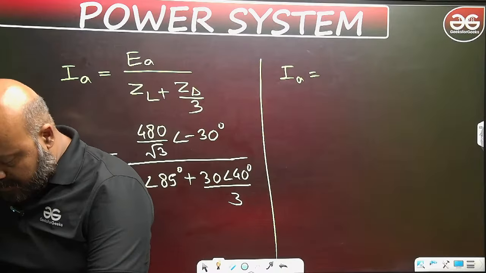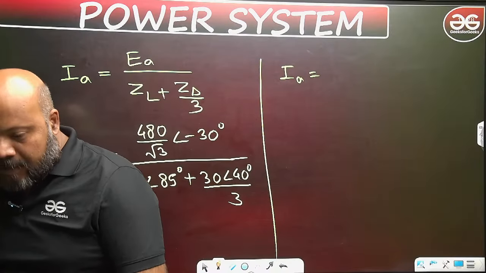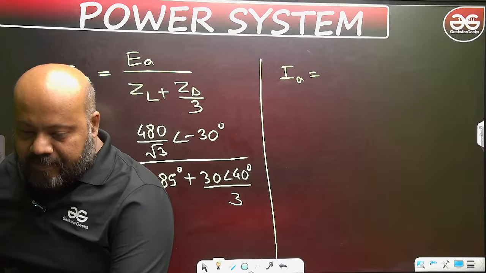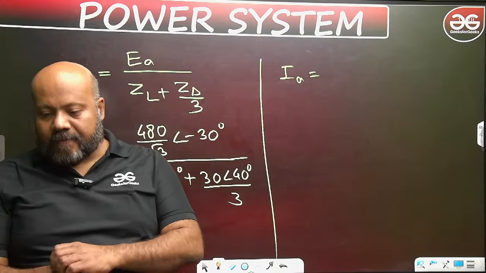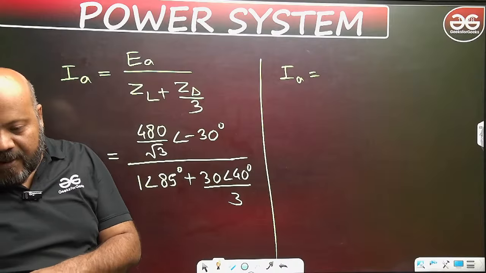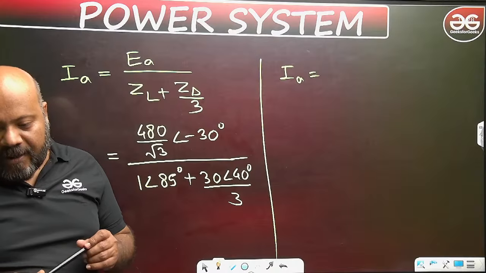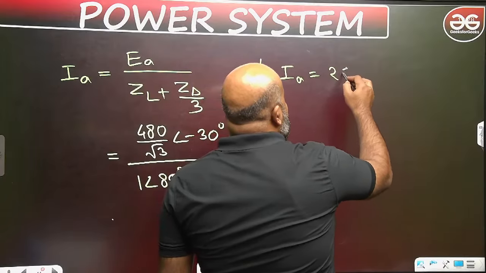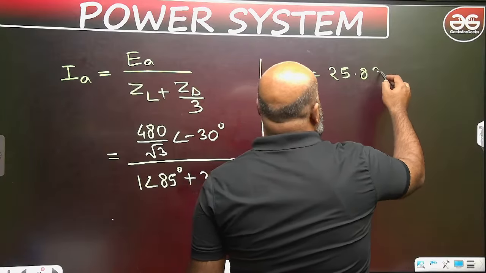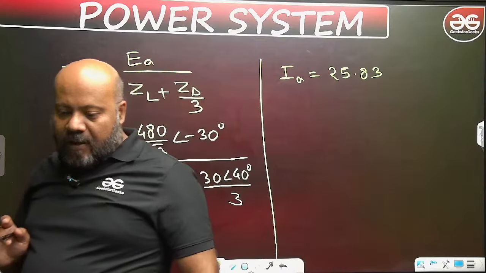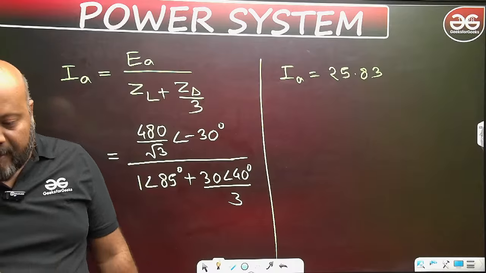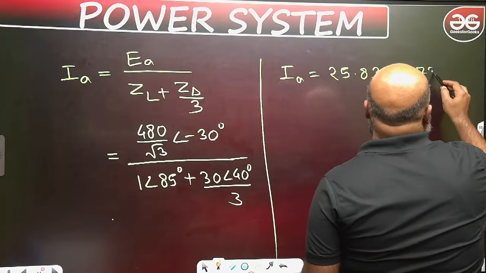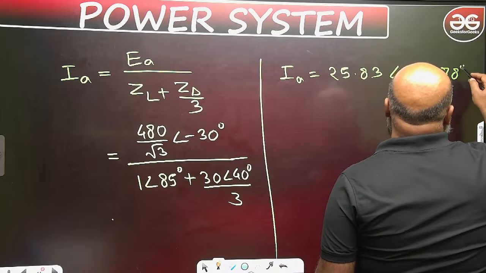Are you getting this? What is the value you are getting? I think you will be getting the line A current as 25.83. I am just quoting it from the reference, 25.83, and the angle is going to be minus 73.78.